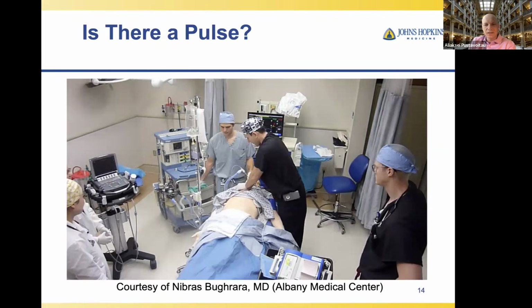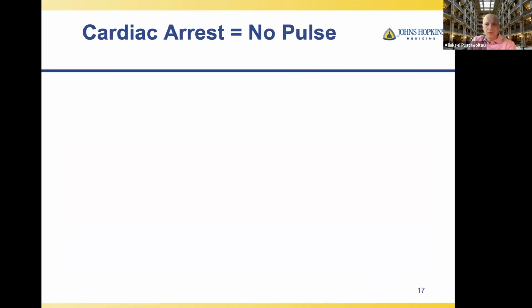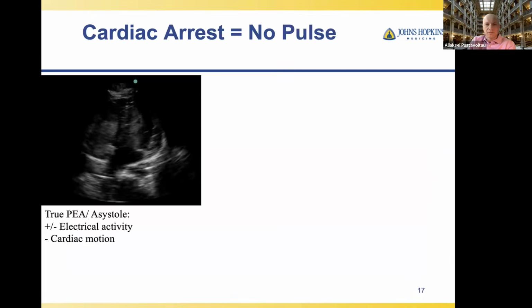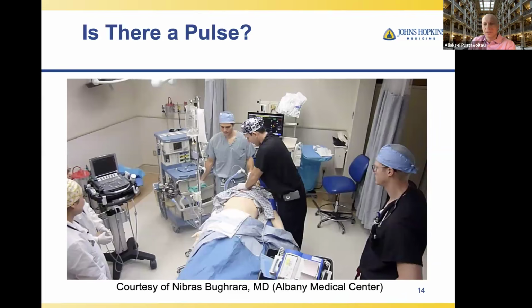So then you can see it's a staged performance to show one important principle, that sometimes identifying a pulse can take a while, right? This is a simulated case, but in reality, when people assess for a pulse, it may take up to 30 seconds to reliably detect one.